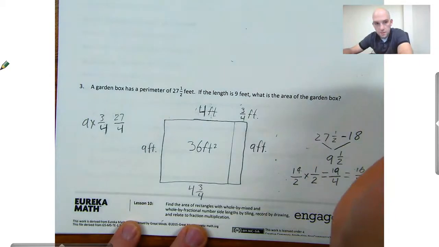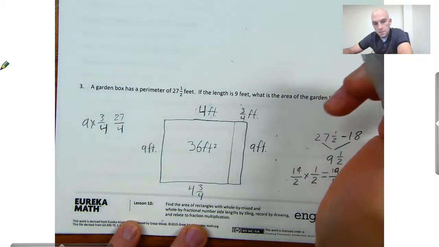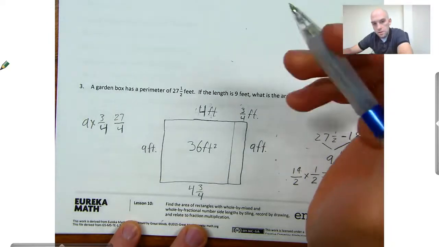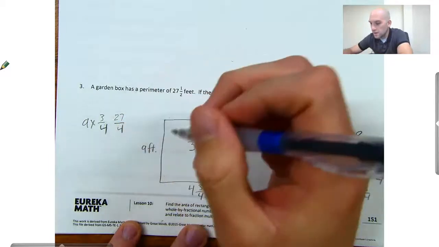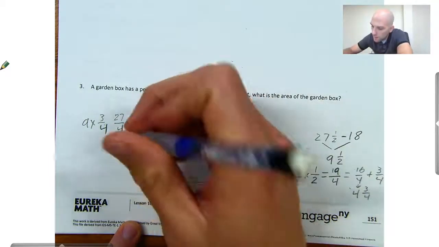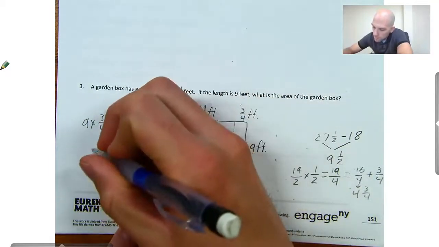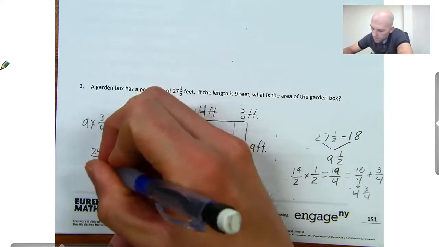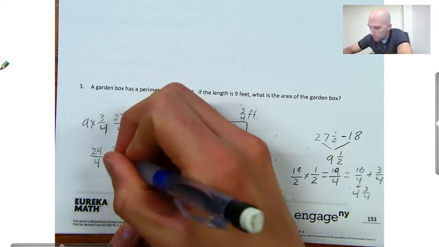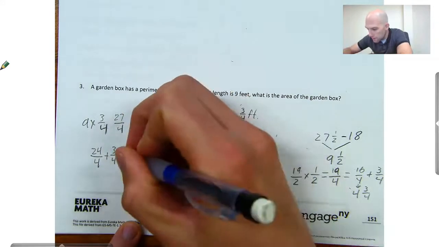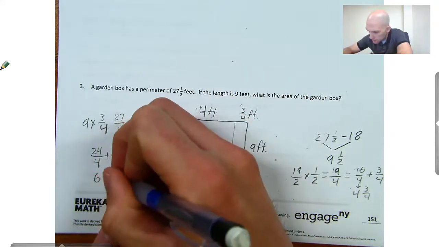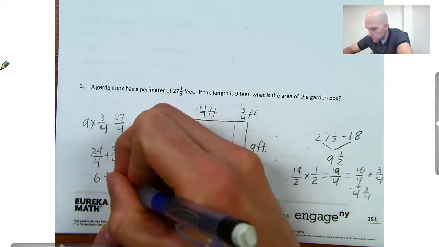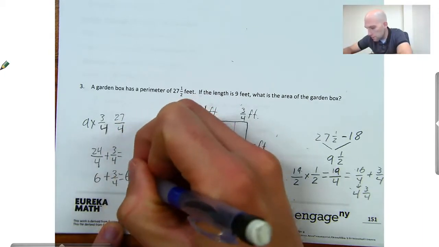Well, how many times does 4 go into 27? 4 times 7 would be 28, so that'd be too much. So it must be 4 times 6, which is 24. So 24/4 is 6 plus 3/4. And this is going to be 6 plus 3/4 is 6 3/4.